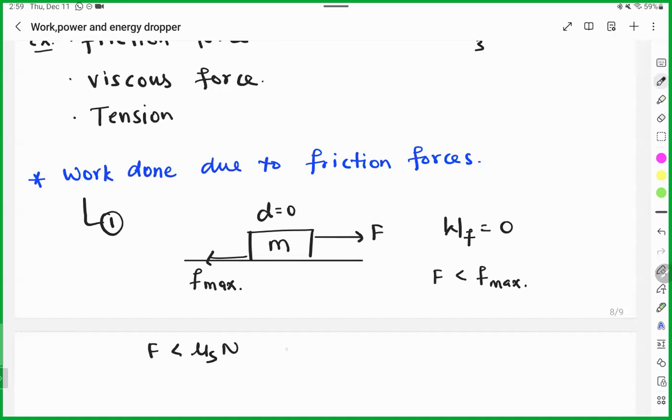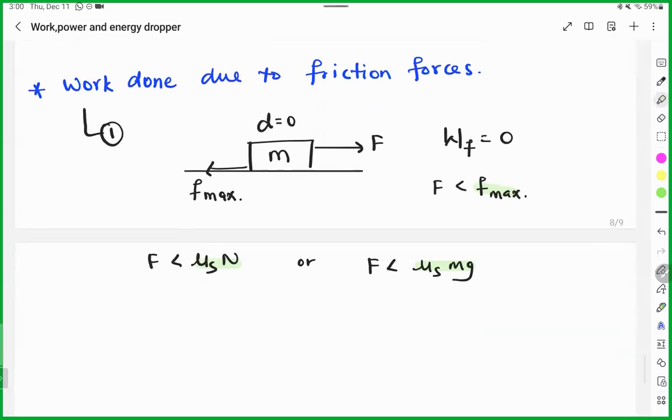Or in the same way, friction is lesser than the static friction, and instead of normal, you can write mg. Why am I writing this? Just practice and revision of the friction topic. Correct? Friction is equal to mu N, or normal is equal to mg. Why? Normal is in the upward direction, mg downward direction. Okay, this is the first case.